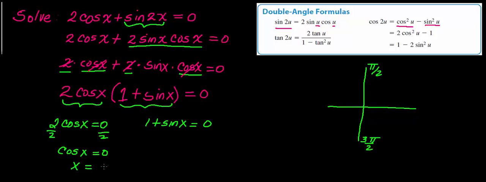Therefore, my answer is x is equal to pi halves, and x is equal to 3 pi halves, and then I add and subtract n revolutions around the unit circle of 2 pi, because 1 revolution is 2 pi. And I also do the same for this one, n revolutions of 2 pi, plus minus, where n is an integer.